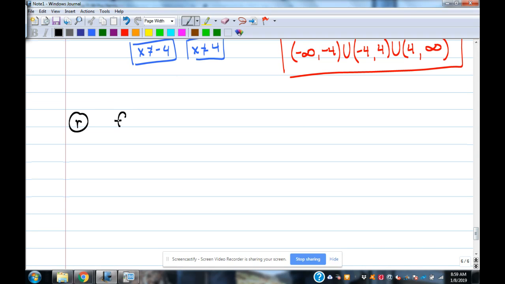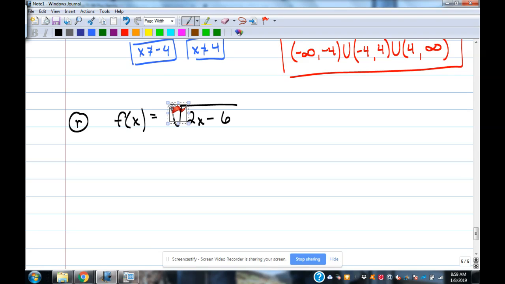Here's our function f of x is equal to the square root of 2x minus 6. What do we got? Square root, red flag.